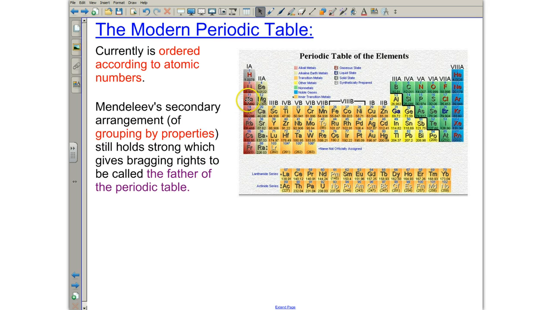So we have 22.9, 24.30, 26.9, etc. However, at least in one location, there's a discrepancy to that. Cobalt and nickel: cobalt has a mass of 58.933, while nickel has a mass of 58.71, which is less. So there is one circumstance where organization by atomic mass is no longer the case.